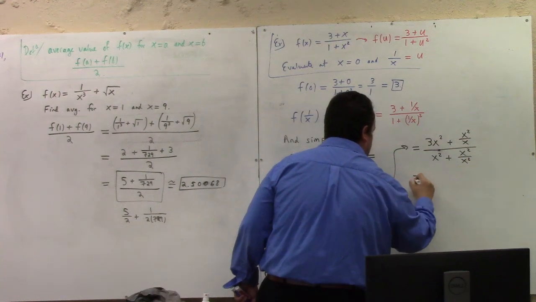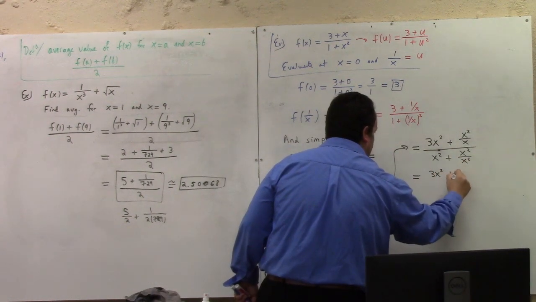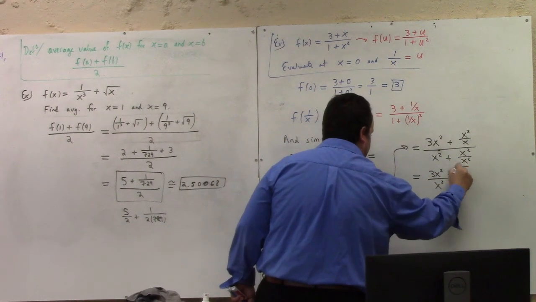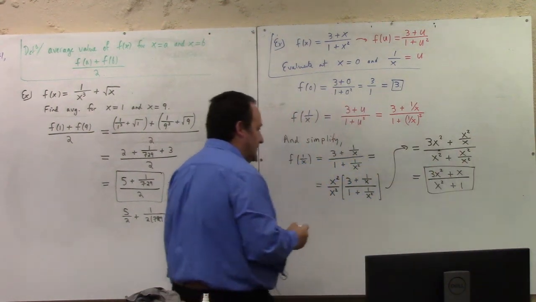Distributing, right? And so that's 3x squared plus x over x squared plus 1. There you go. That's about as simple as I can get.